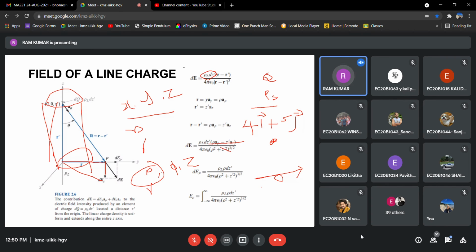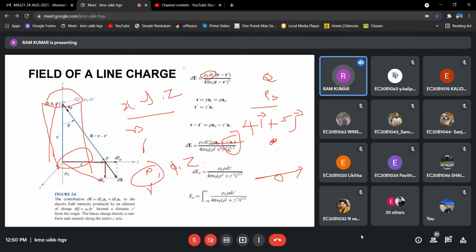Whatever axis you use for this line charge or any other application, that component is 0. So this became rho_L dz dash, as we are assuming the line charge is fixed along the z-axis. The remaining term will be rho_L dz dash rho by 4 pi epsilon naught, this value.